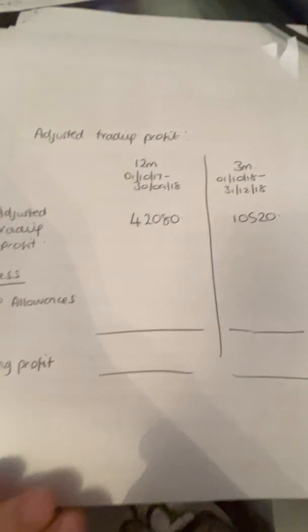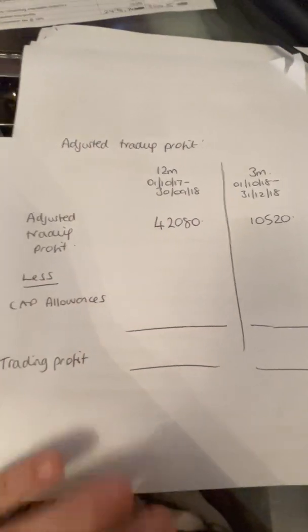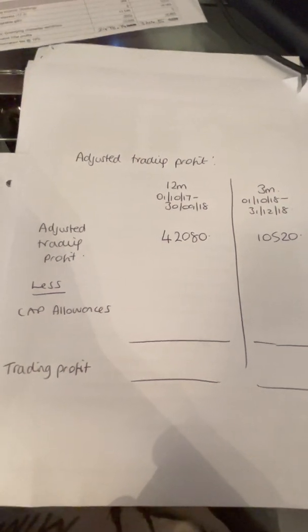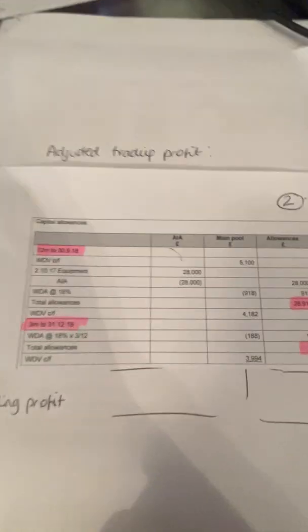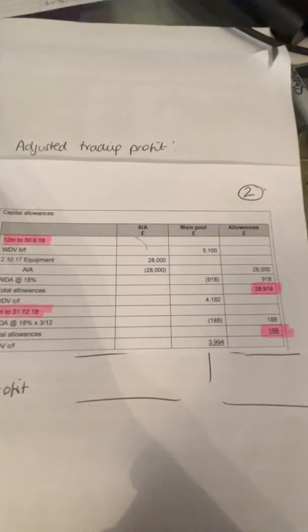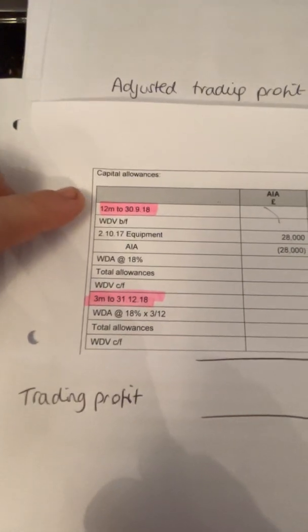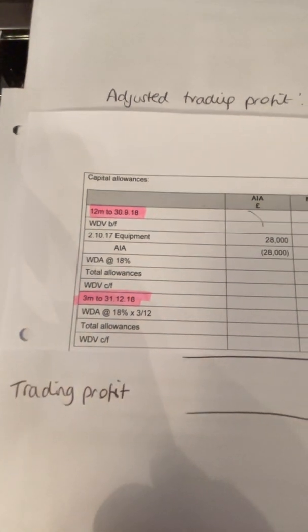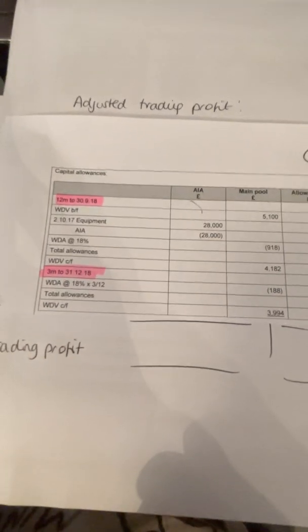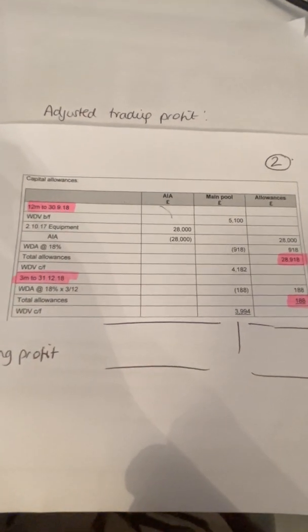Okay. However, to get to the trading profit, we need to minus capital allowances. So we need to work out the capital allowances. So you are going to need two calculations. You are going to need capital allowances for the 12-month period and capital allowances for the 3-month period. I've popped in my balance brought forward, which I was told about.